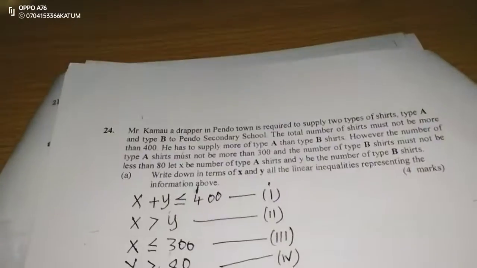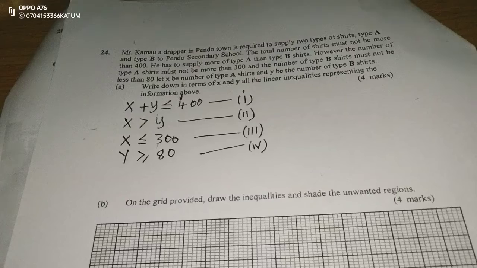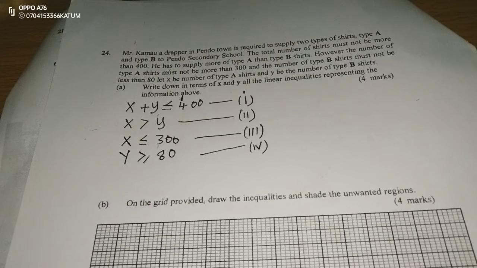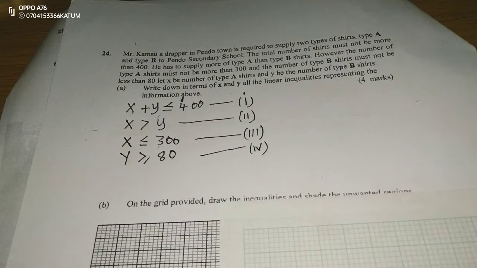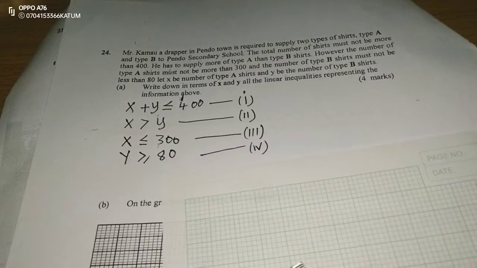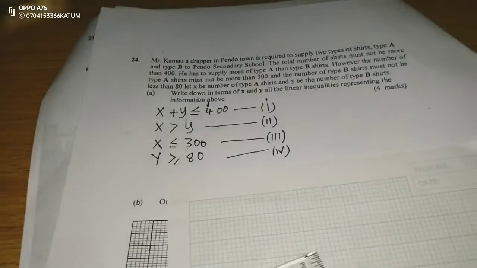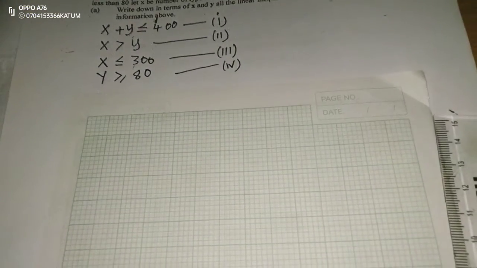Then we are told now in part B, on the grid provided, draw the inequalities and shade the unwanted regions. Let me use a different grid here for perfection, because I know the one on the paper is not that excellent. So we're going to draw the inequalities now which have been stated.